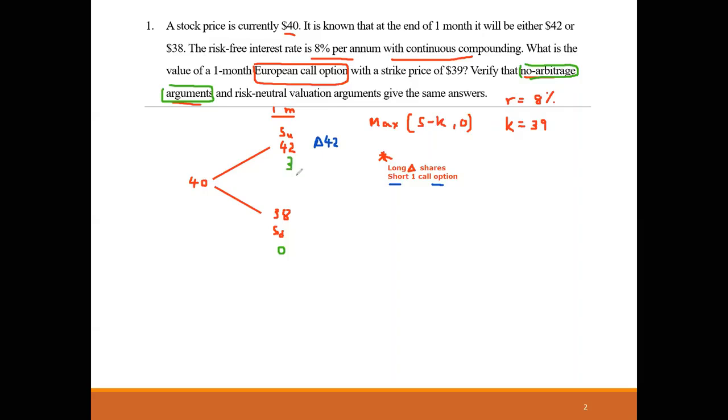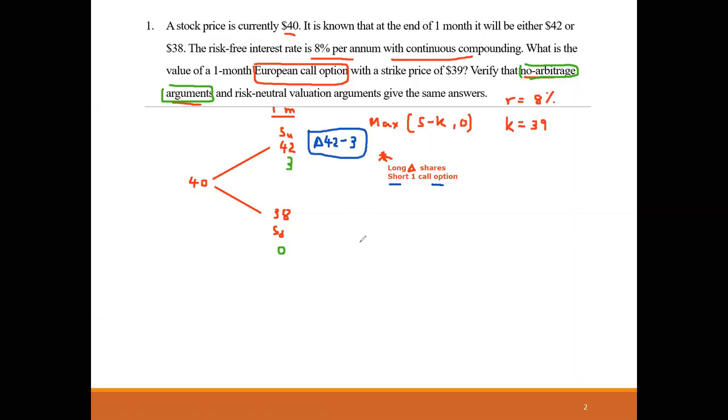From the short position's perspective, it has to be minus the maximum of S minus K or 0, if you can recall. So this 3 will be a negative value to you, minus 3, because you have a short position, not a long position. So this will be the value of the portfolio if the stock price goes up.